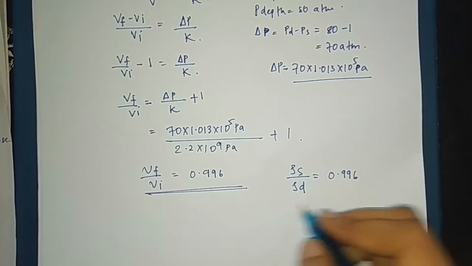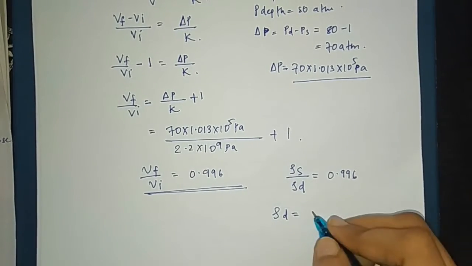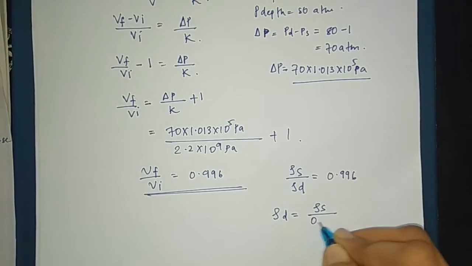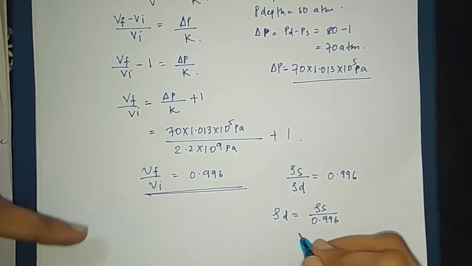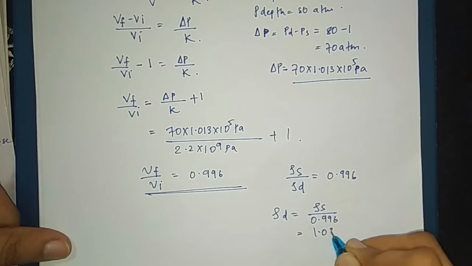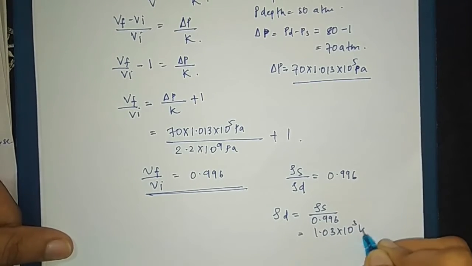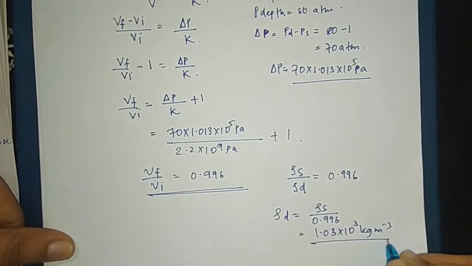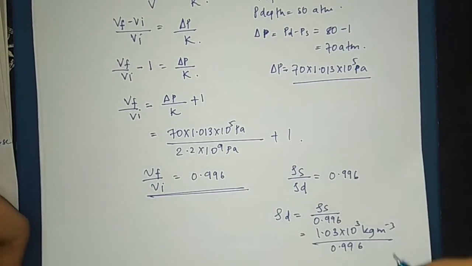And the density at the surface is known, so density at depth can be calculated, right? So I'll take it on that side. Density at depth is density at surface divided by 0.996, which is 1.03 into 10 raised to 3 kg per meter cube divided by 0.996.